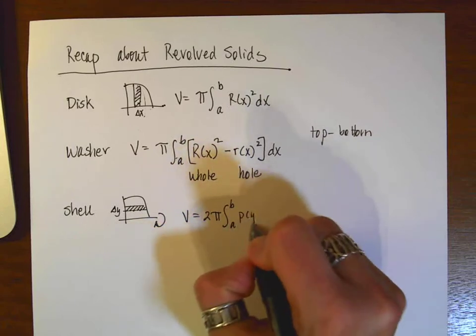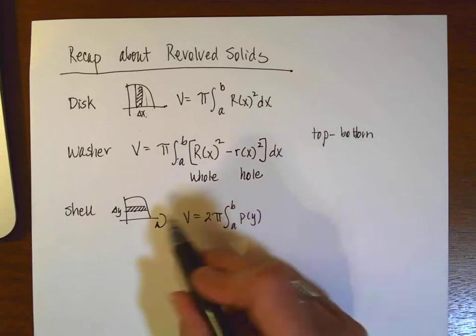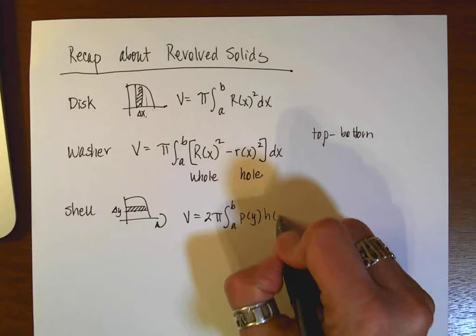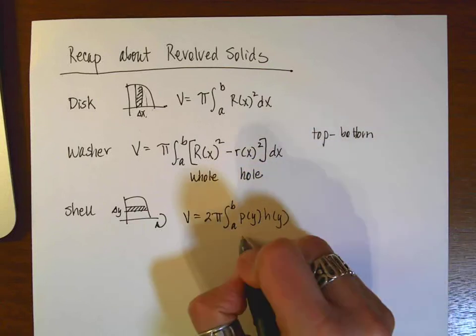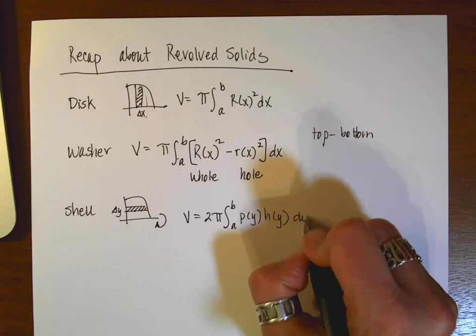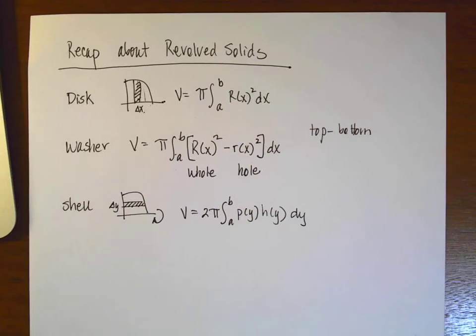So my volume is 2 pi, and then I have from A to B, P of y, which is the distance from the rectangle to the axis of revolution, times H of y, which is the height. So this is the height of the rectangle, and then I have dy, which is the thickness.